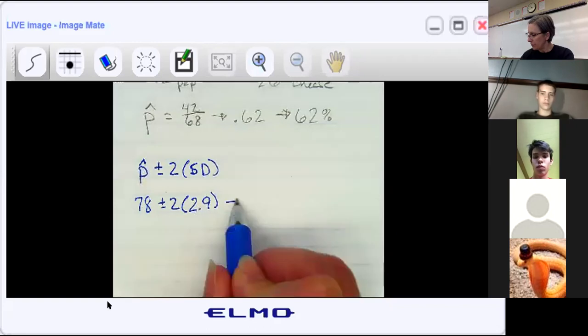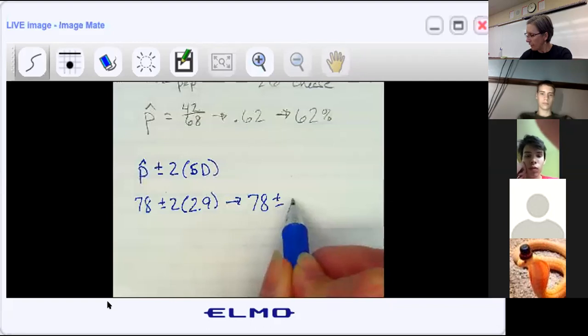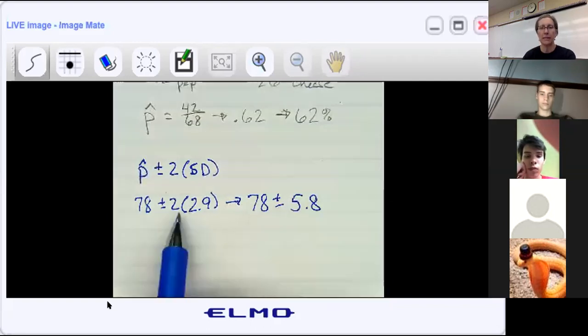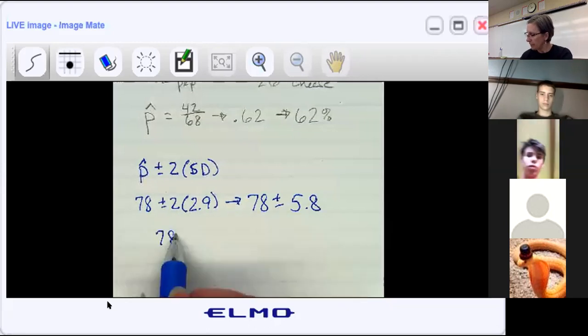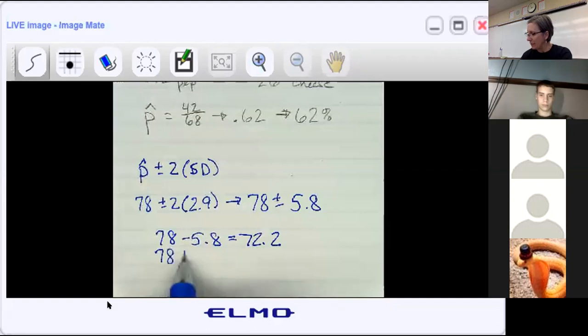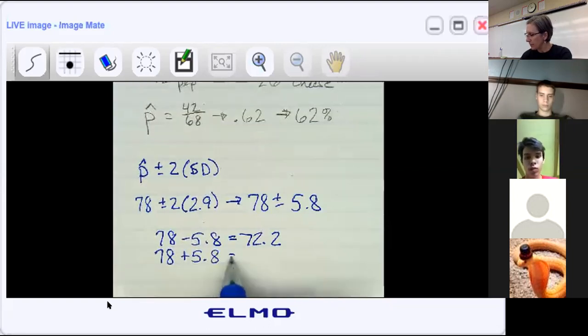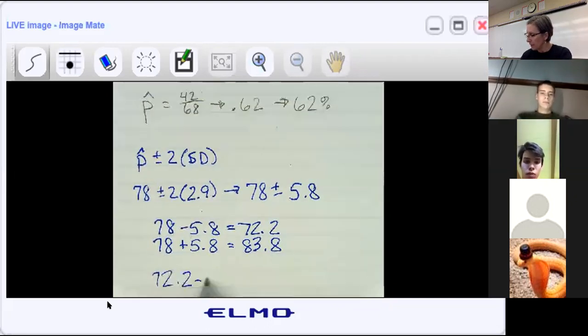And then that turned into 78 plus or minus 5.8 because 2 of the 2.9s is 5.8. And then what I did was the 78 minus the 5.8 to get the 72.2. And then I did the same thing, but I added the 5.8 to get the 83.8. Okay, so that's the bottom of the interval and the top of the interval. So then the interval ends up being 72.2 to 83.8, and those are percentages.